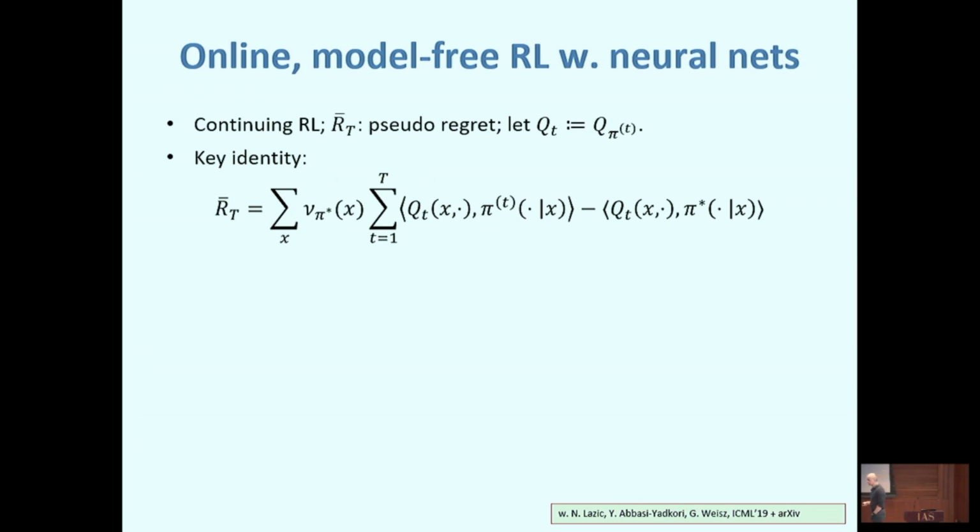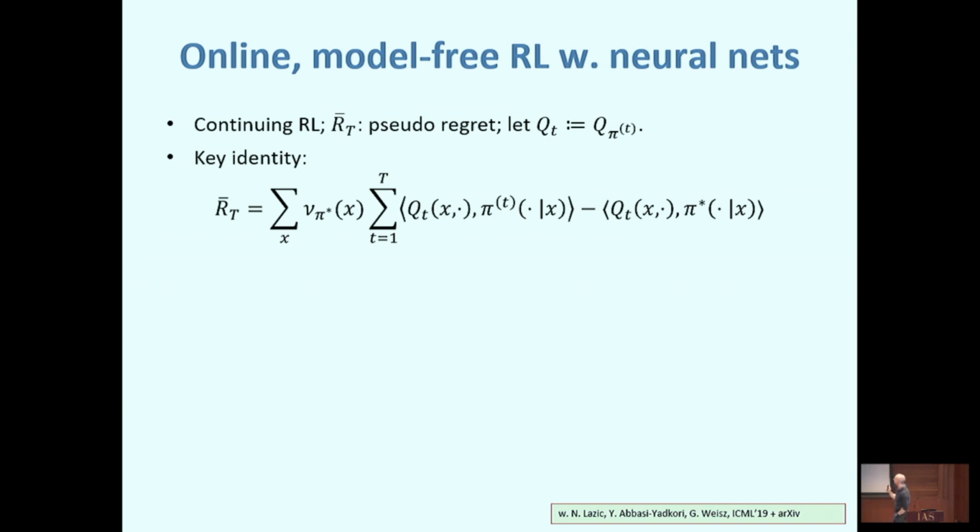And there is this quantity called the pseudo-regret, which just compares the average gain of the policy that you're executing at time step t, that's pi t, to the average gain of the optimal policy. The difference between the pseudo-regret and the actual regret can be bounded if you have mixing MDPs, and otherwise I just don't care. I think pseudo-regret is good enough to control. It actually tells you how skillful you are.